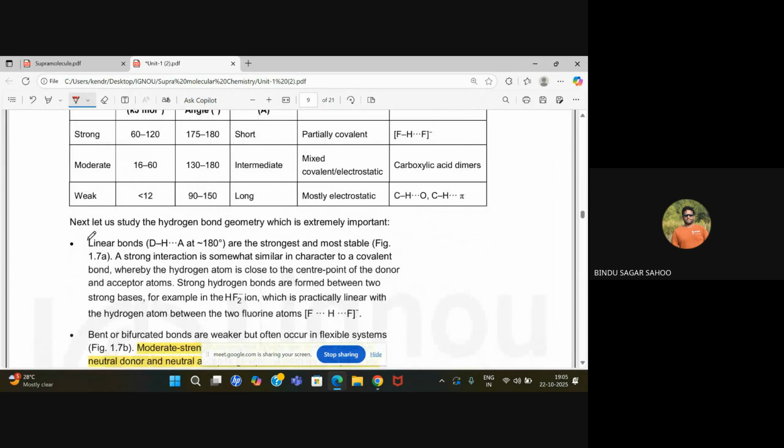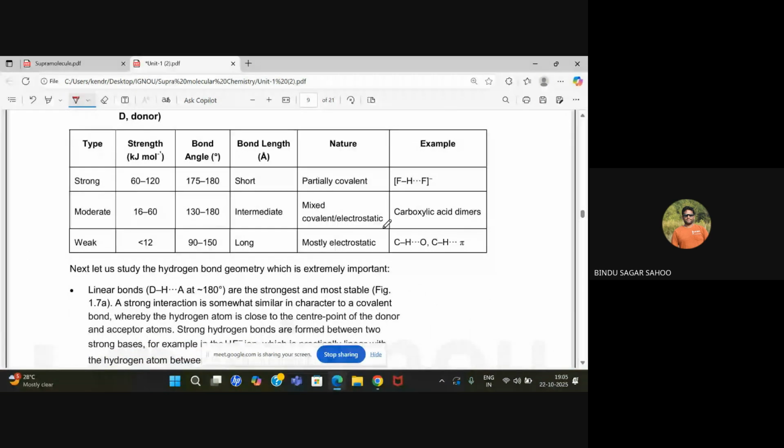Out of these three, if someone asks which one will be stronger, definitely when the highly electronegative atoms like fluorine or oxygen are involved, they will form a strong type of hydrogen bond. So you need to remember these types of hydrogen bonds.